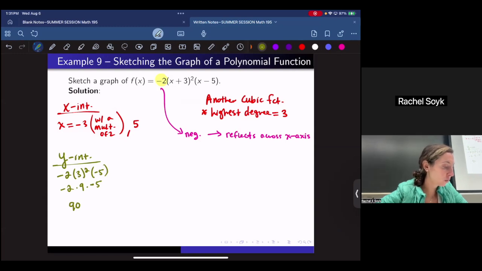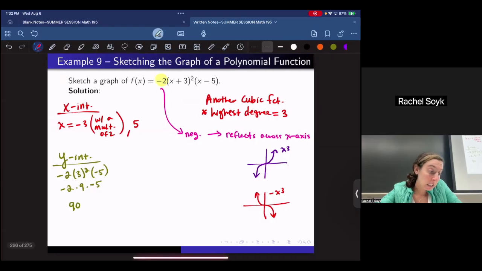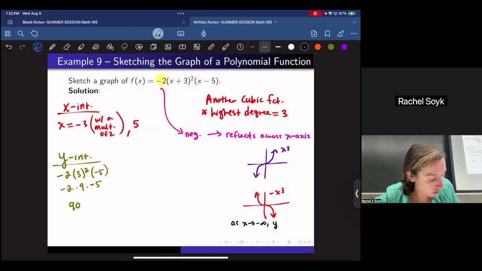And for the cubic function, let's draw out regular x cubed. And now let's draw out the reflection of it, because we're looking at the reflected one instead, which tells us that our end behavior is as x goes to -infinity, y shoots up to positive infinity.